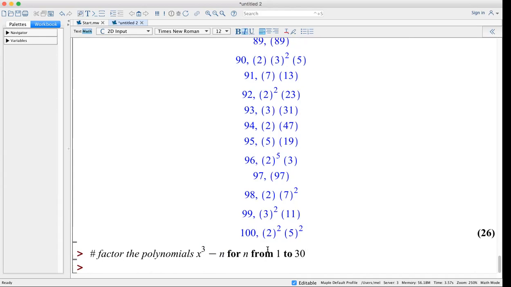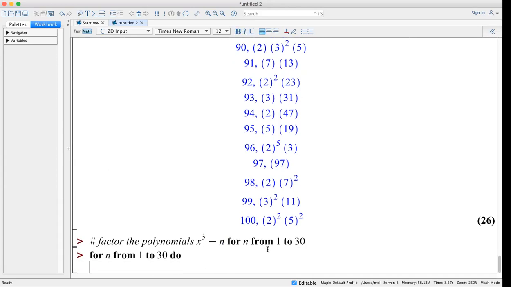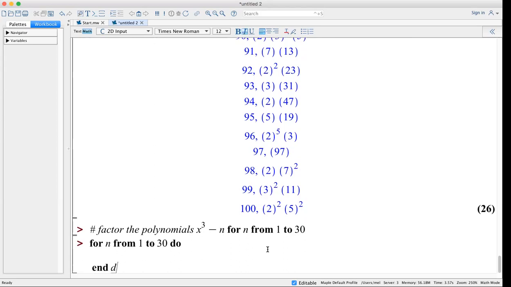So how can I write a loop for that? I would say for n from 1 to 30 do. And then shift enter, shift enter. I never want to forget my end do.